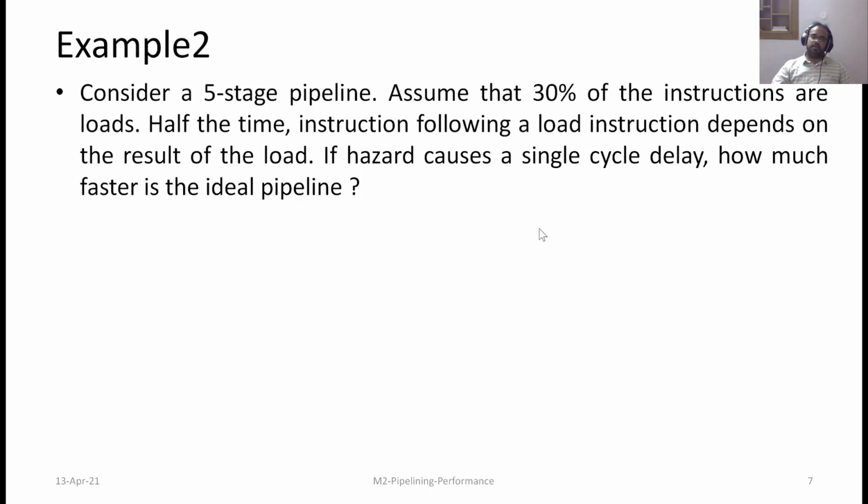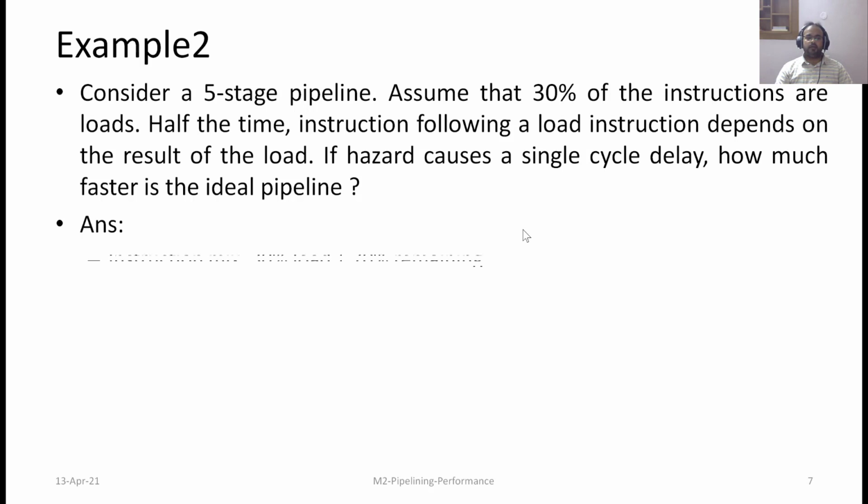So the question here is, we have the pipeline already and it has some practical issues, and what would be the speedup when we compare with the ideal pipeline, right? Assuming that 30% of the instructions are loads and half of them have a producer-consumer relationship with the next instruction, because of this data hazard there is a delay or stall of 1 cycle.